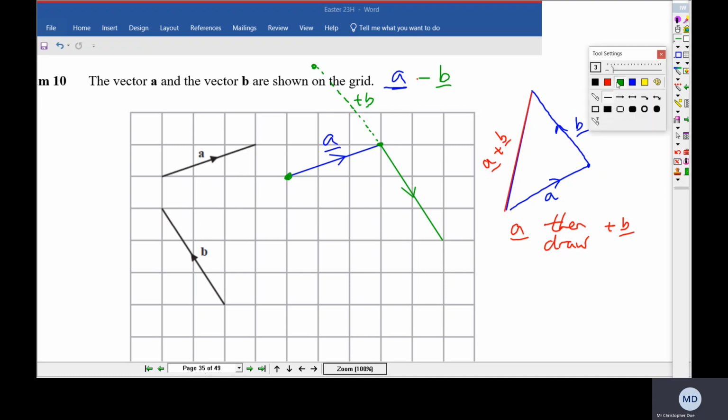Minus B. What's the one line you might need to draw on? A minus B. That might be enough for a mark. You have drawn A minus B, but it's best to draw it into a triangle. What line should I draw next, Charlene? Yeah. So if you draw that, poor diagram.